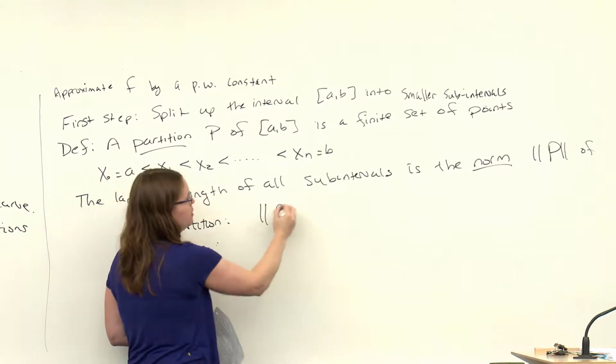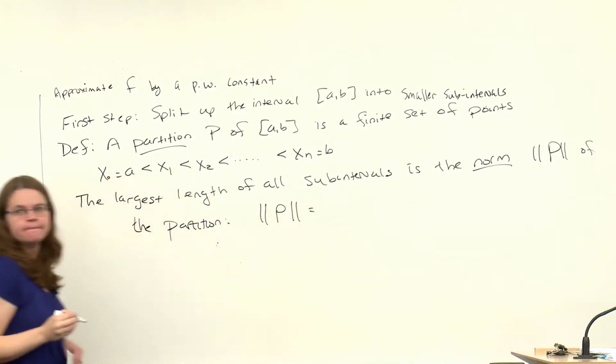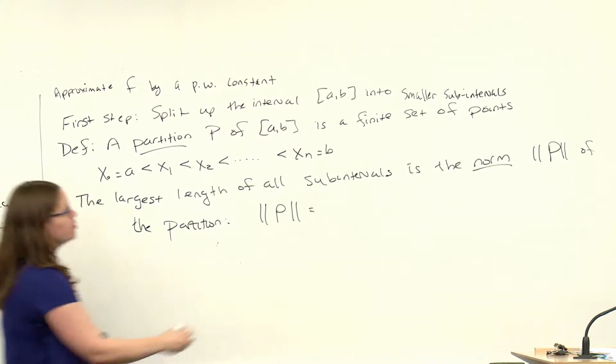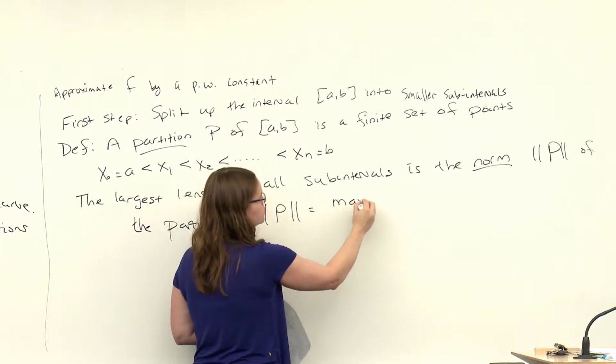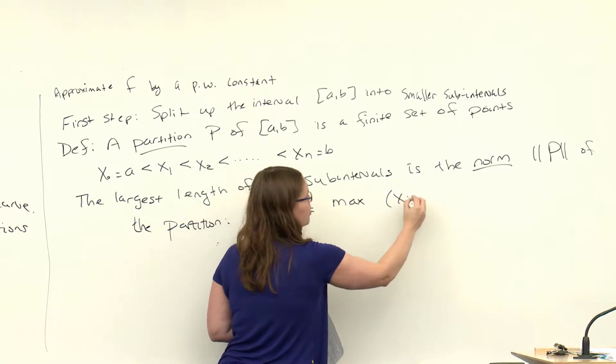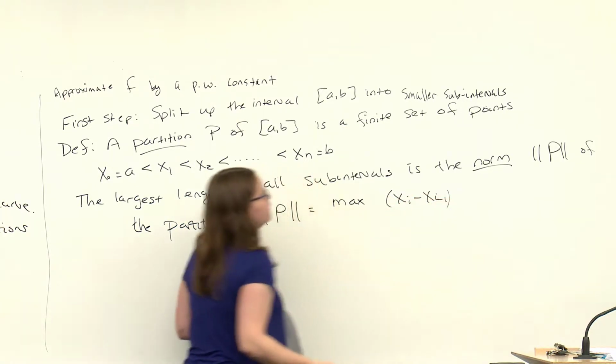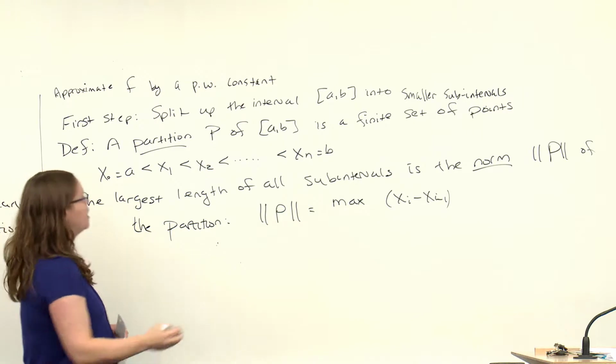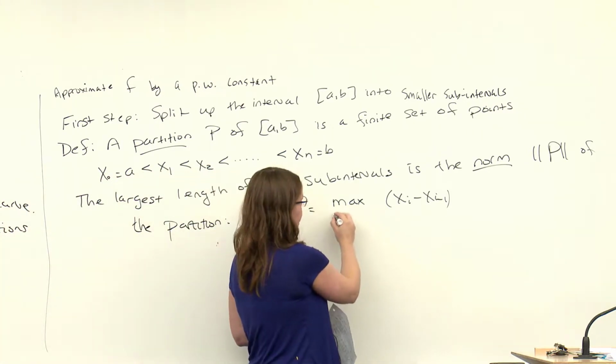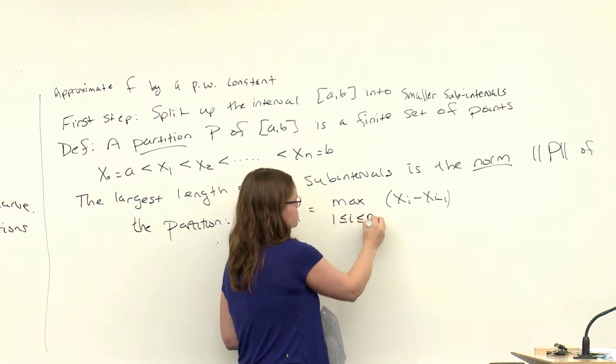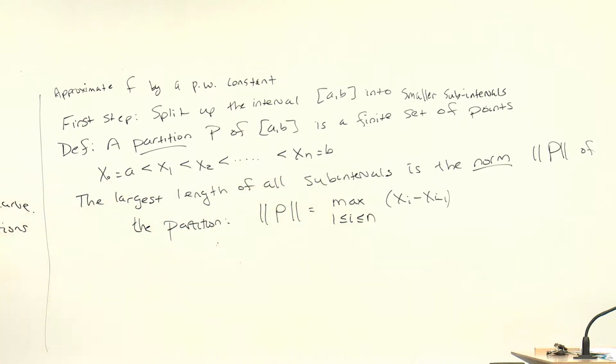Okay, so the norm of P is going to be the maximum of all possible x_i minus x_{i-1}, where i is going to go from 1 to n. The maximum is well defined because we're just taking the maximum of finitely many things. So that's not a problem.